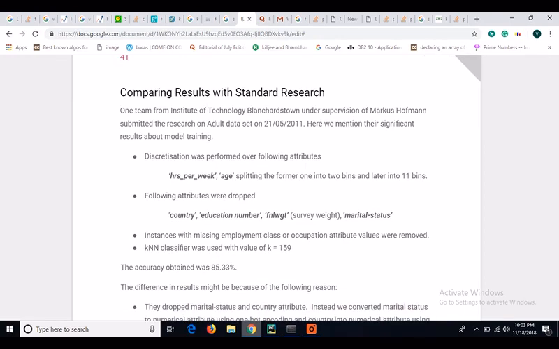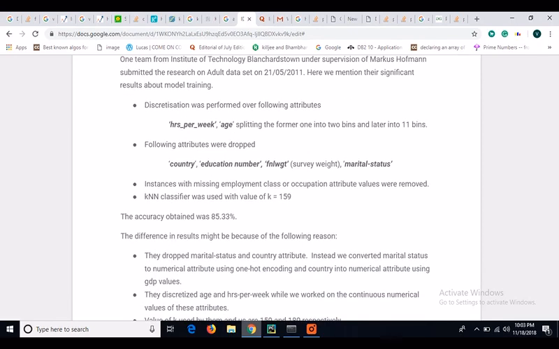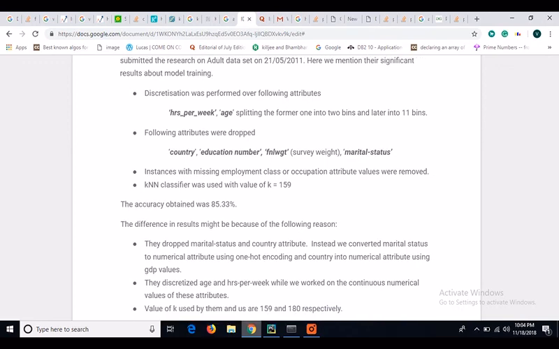Their data preprocessing consisted of the following. First, discretization: they performed it on the attributes hours per week and age, classifying them into 2 bins and later into 11 bins. They also dropped irrelevant columns: country, education number, final weight or survey weights, and marital status. They also handled the missing values.